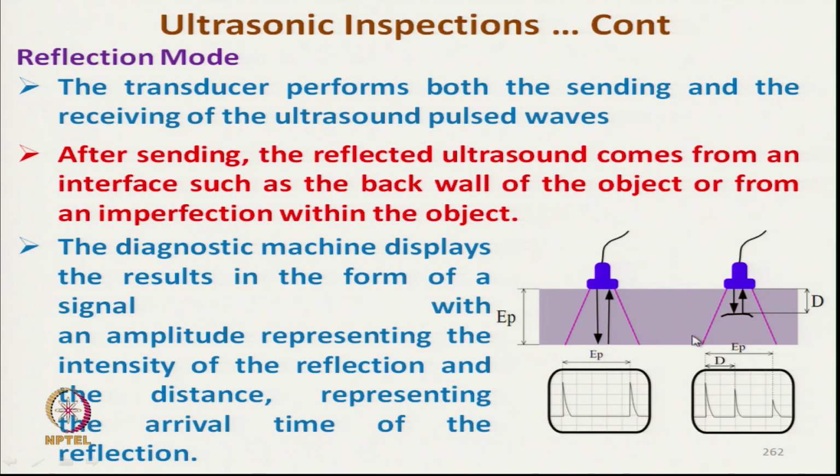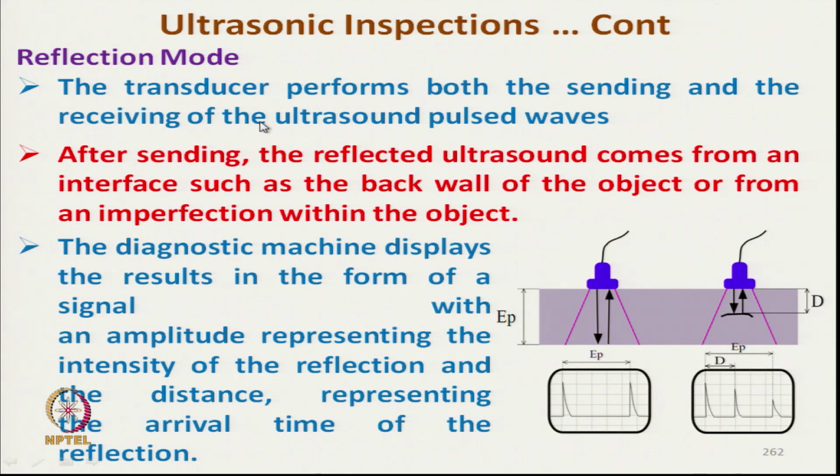But once there is damage inside the composite, the wave will get reflected earlier than the previous one and we will get different peaks depending on the shape and size of the damage, and we will get an idea about the damage present inside the structure.